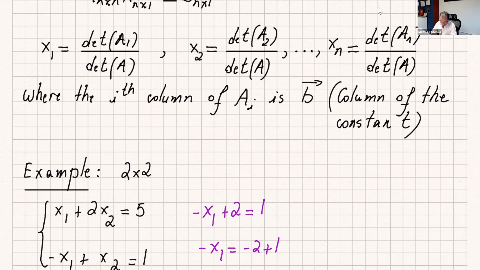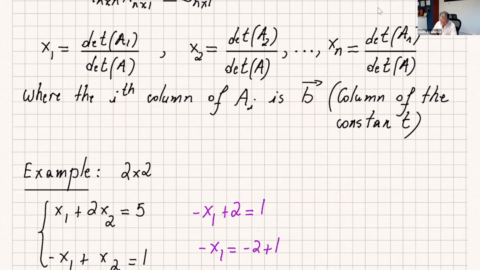Now where the ith column of Ai is B. So if you want to solve for x1, you take the first column of A and you change that by the matrix B, or the column matrix B.